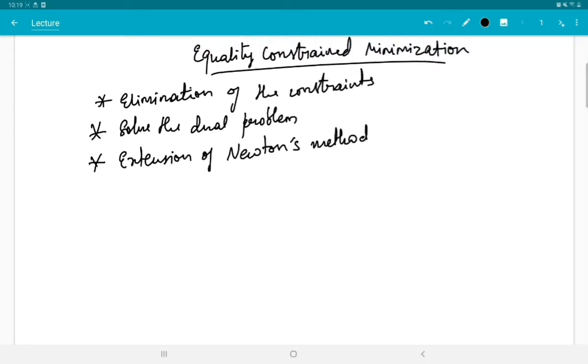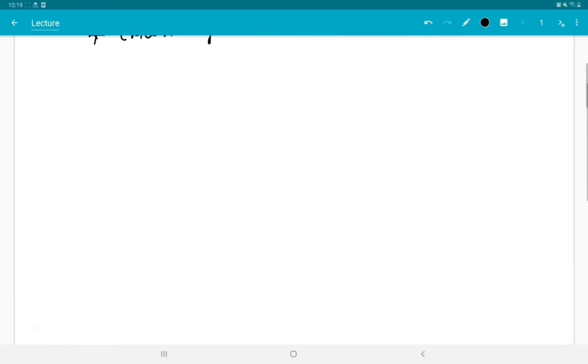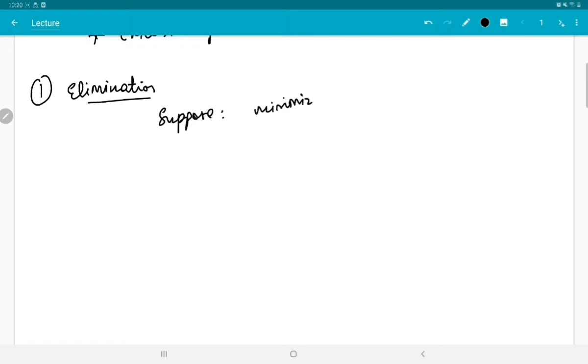So we'll see elimination of the constraints first. Suppose our problem is this: minimize f(x) subject to Ax = b, and we have to eliminate our constraint Ax = b and fix this constraint into the problem.